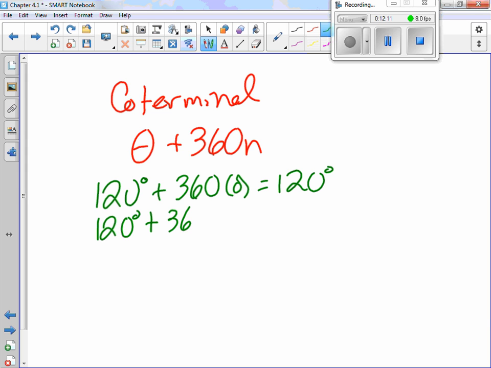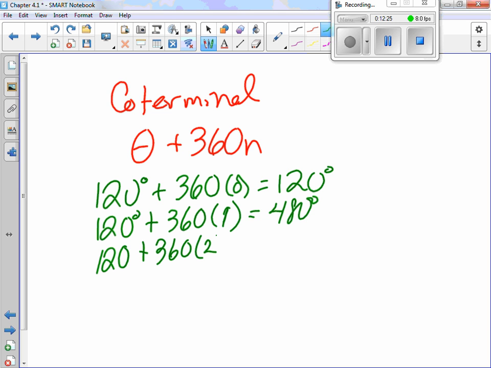Well, I can go around the circle once. That's just 120 plus 360, which gave us 480. Our 2 gave us 840.